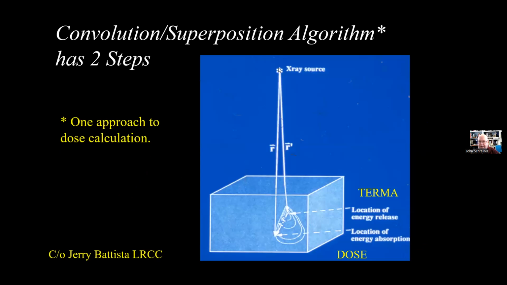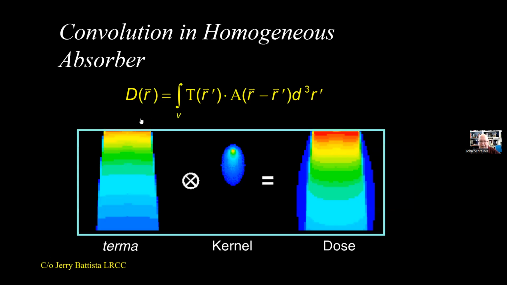So I can have the X-ray source, the X-rays are coming in, I have this initial transfer of energy to charged particles, and I look at how this energy is going to be distributed, and I use mathematical tricks, convolution, to calculate what the dose would be from that interaction. So I have essentially a map of how the initial dose is going to be delivered, and a map of how that gets transferred to charged particles and spread out, and I get the dose that's coming from that delivery.